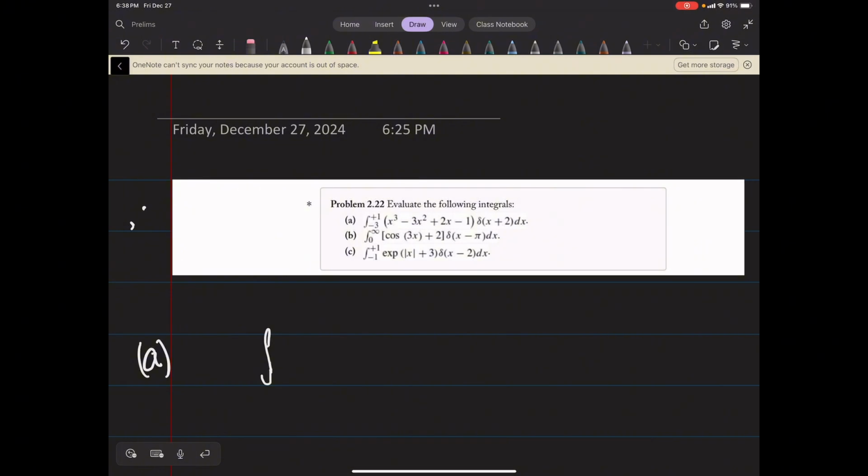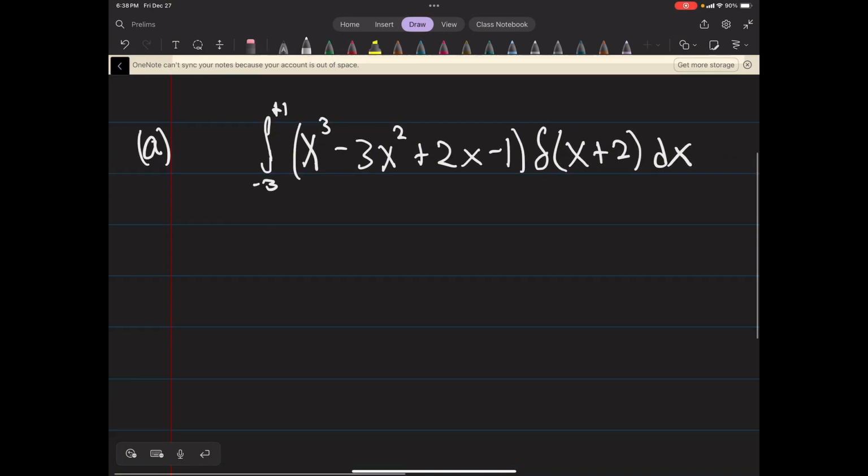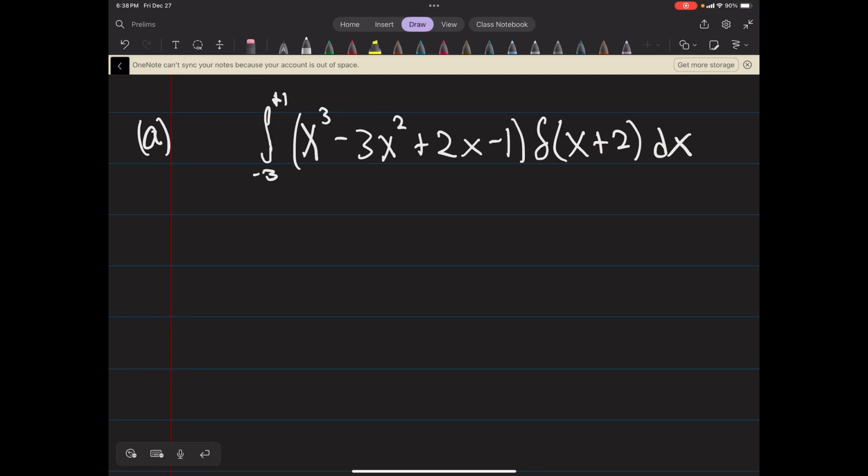The integral from minus 3 to plus 1 of x cubed minus 3x squared plus 2x minus 1 times the delta function x plus 2 dx. Now, in general, what you'll want to know is this.